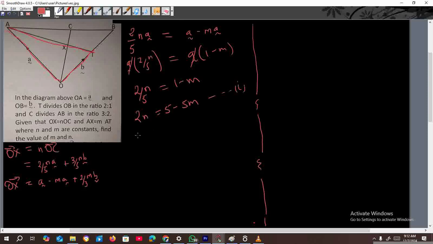Let's isolate the B vectors. So in the first expression of OX, we have 3/5 NB, this one.